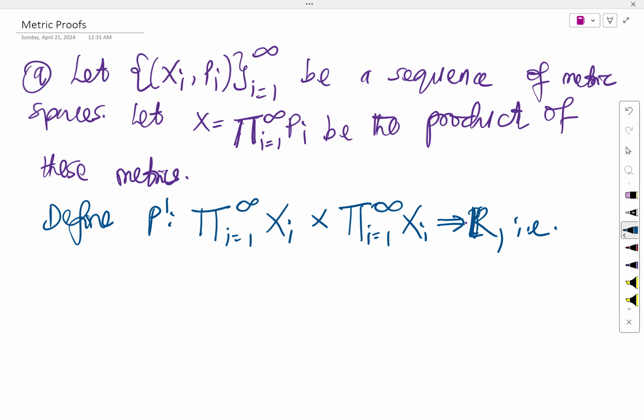That is, p prime is X times X mapped to the real number system.